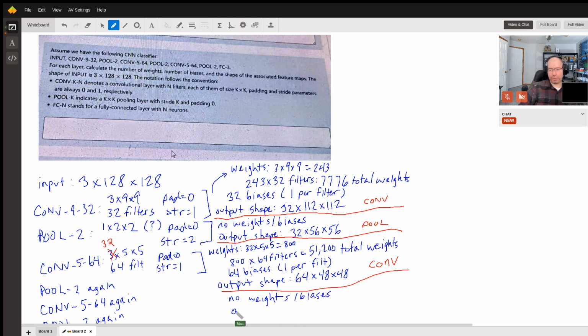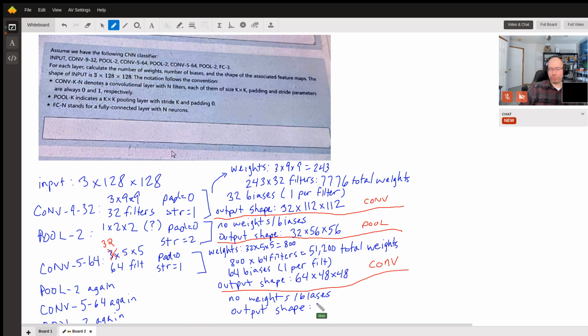And then the output shape would be, if it's a pool 2 with no padding and a stride of 2, it should basically just cut the width and height dimensions in half.